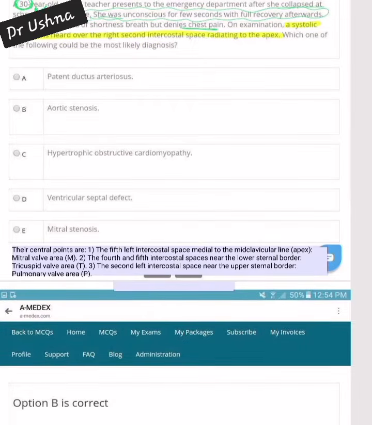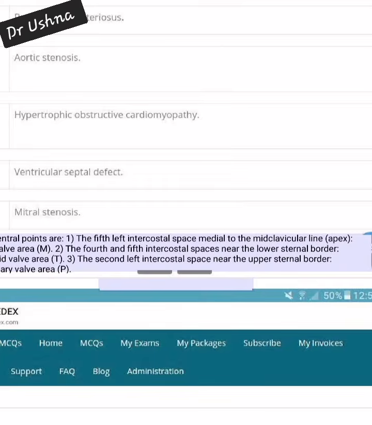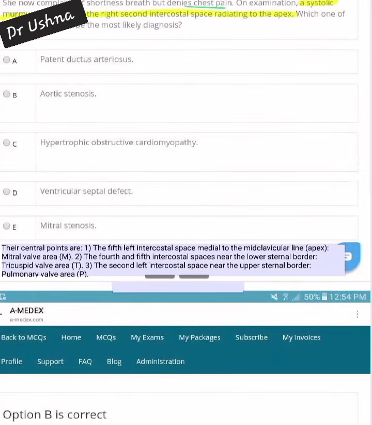This is important information: the left fifth intercostal space medial to the midclavicular line, meaning the apex, is the mitral area. The fourth and fifth intercostal space at the lower sternal border is your tricuspid area, the second left intercostal space is your pulmonary area, and definitely the right second intercostal space is your aortic area.